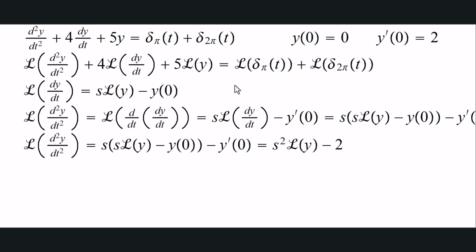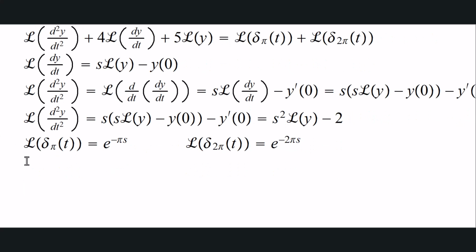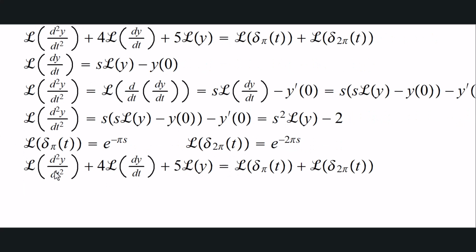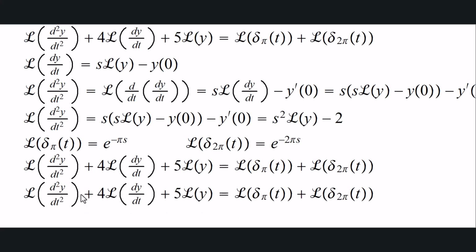Okay, and we had also seen that the Laplace transform of this Dirac delta function is how much? e to the negative s times the location, and then for the second forcing function where we have this as 2 pi, here we have e to the negative 2 pi s. So now we will just substitute these values in this equation that we obtained by applying the Laplace transform.